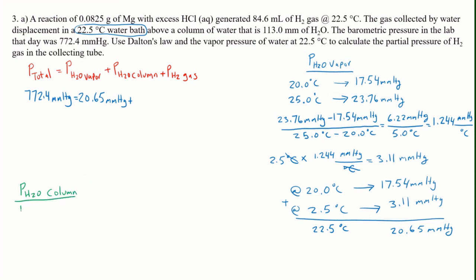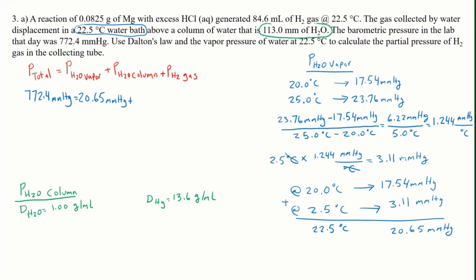First, the density of water, which is 1.00 grams per ml. I also need to look up the density of mercury, which is 13.6 grams per ml.